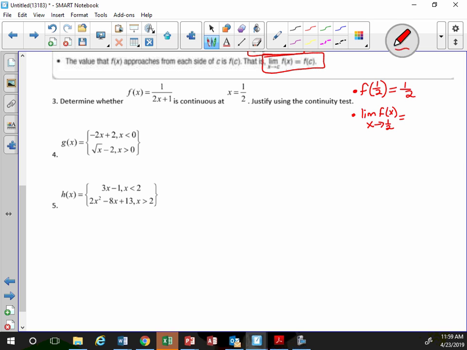Or you can look at the graph and trace and see what you find. If you're doing your table setup, like the change in x, yes, that is what is supposed to happen.